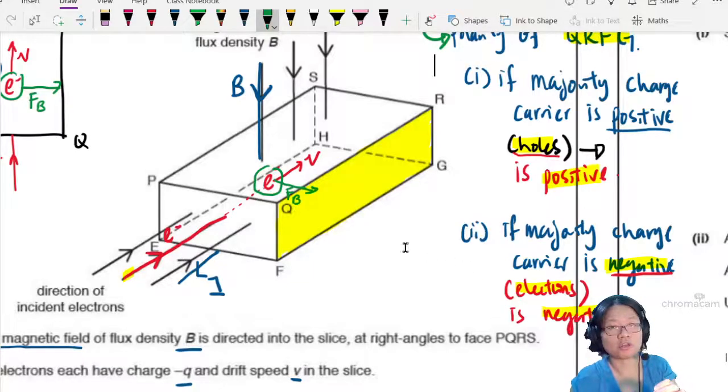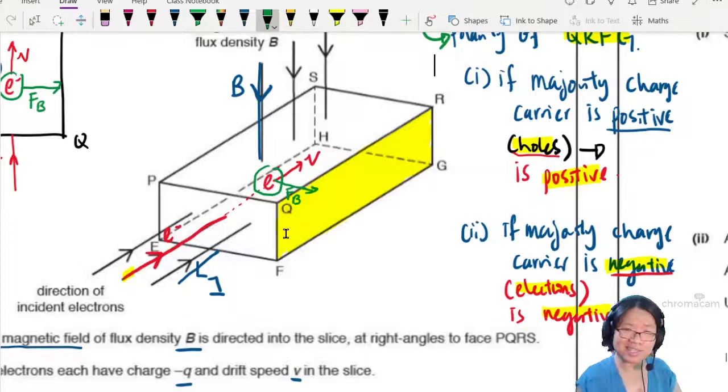So like it or not, if let's say the majority here are holes, holes will flow in this direction, forward from R to Q. But if you take your Fleming's left hand, for this positive charge moving from R to Q, the direction of magnetic force is still the same, because we follow current. If electrons are flowing in the opposite direction from Q to R, the direction of magnetic force is also the same.